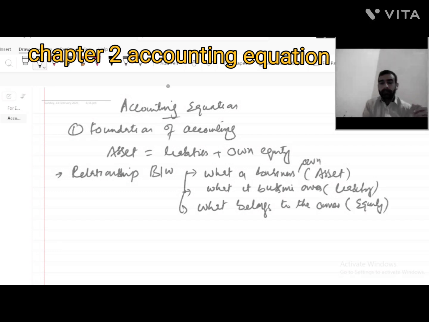Clear? What I'm trying to explain is that the accounting equation is basically the foundation of accounting. This is the basis where accounting stands.